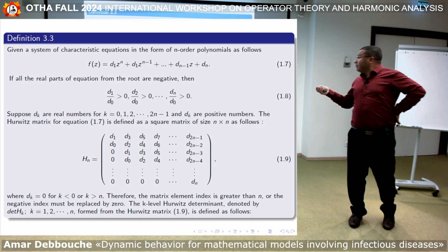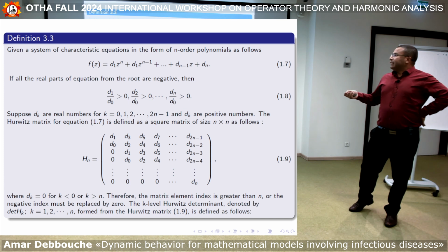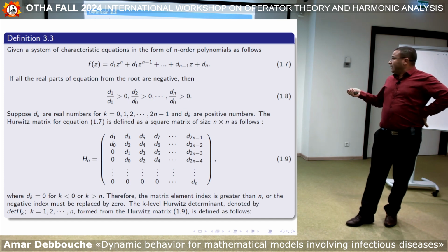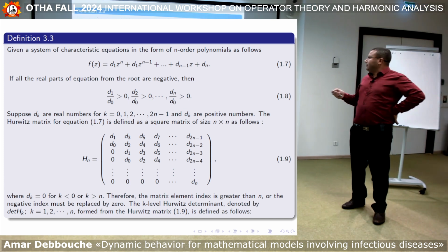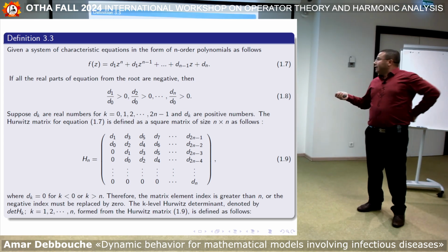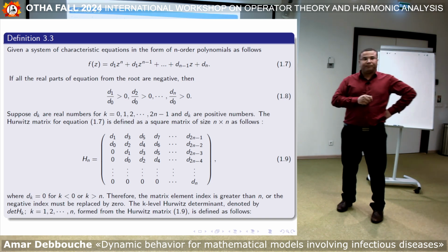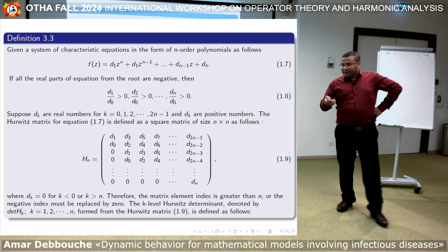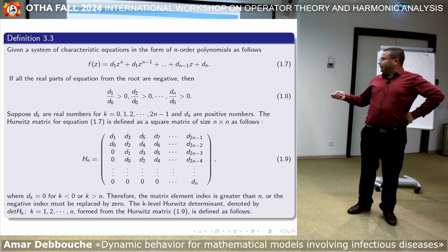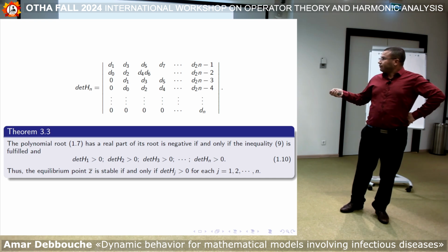So all of them are positive. Now, suppose the d k are real and positive. The Hurwitz matrix of the previous equation is defined as a square matrix of this size with this form. Its determinant is given as follows.